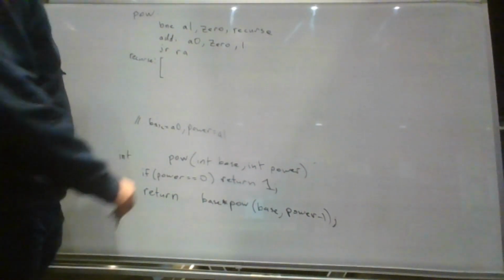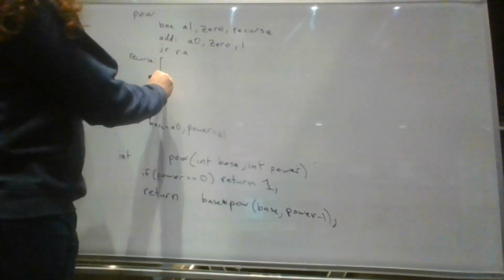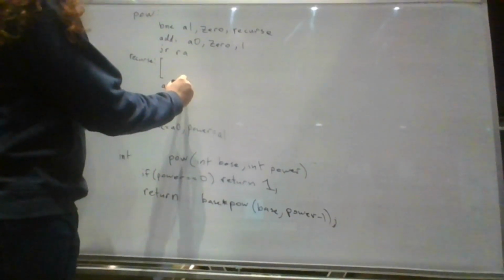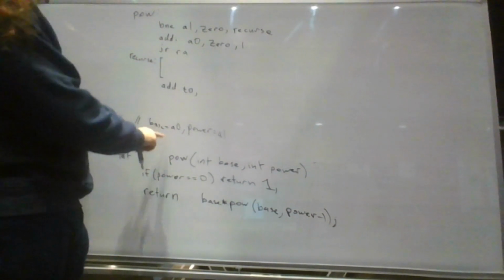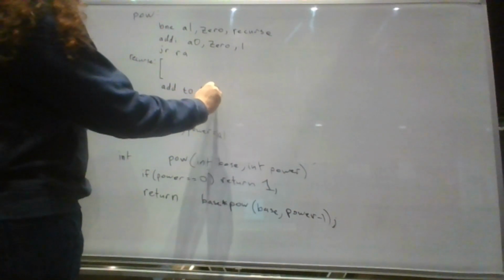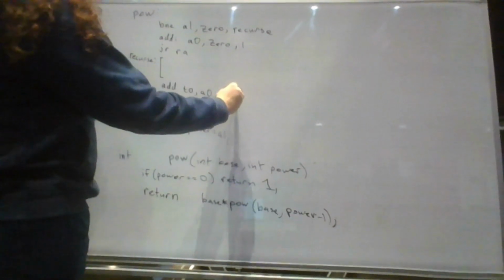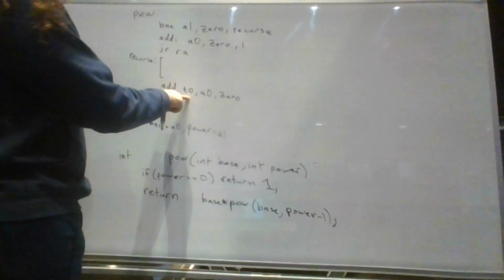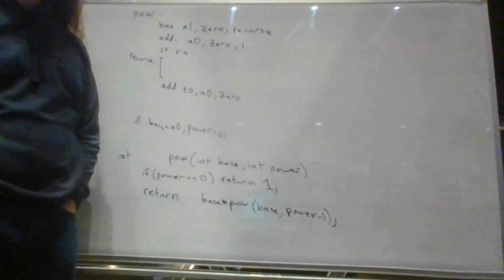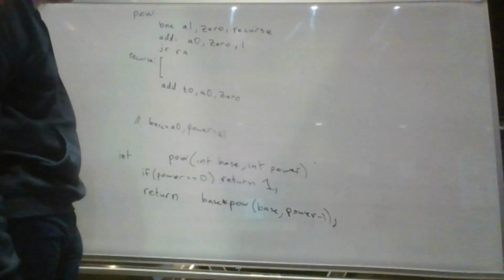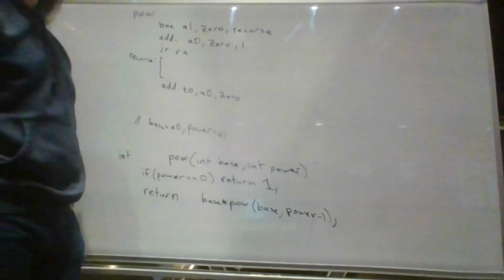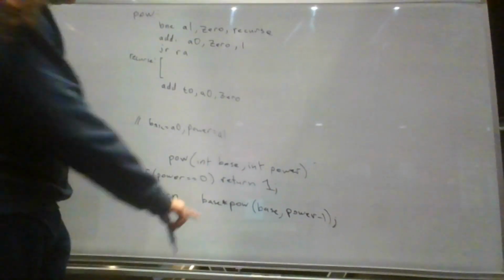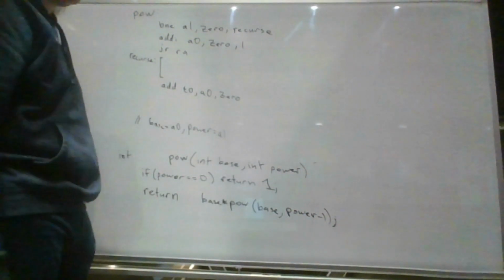So I'm going to say add, and I'm going to store this in T0. The value I'm going to store is A0 with the 0 register. In other words, I'm moving A0 into T0. And then I'm going to go ahead and call my function so I can figure out what this recursive call returns.